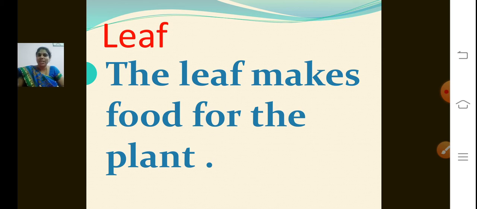That process we call photosynthesis. Who is making food for the plants? Leaf. So who is providing that food to all the other parts? Stem. It holds the plant and it provides food to all the other parts of the plant. So leaf makes food for the plant.